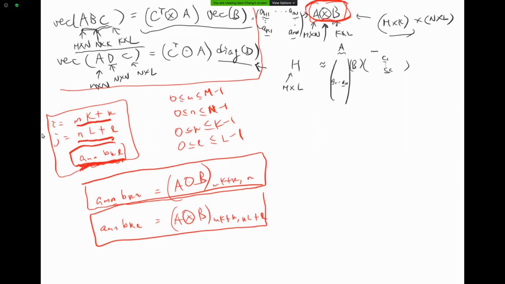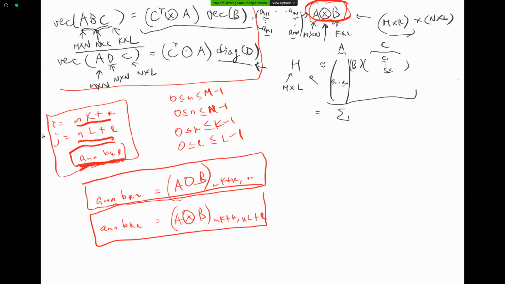When I write this, it is essentially a low rank approximation of the matrix H. If we expand this by the columns of A and the rows of C, this product is equal to a weighted sum of rank 1 matrices created by multiplying a column of A by a row of C.